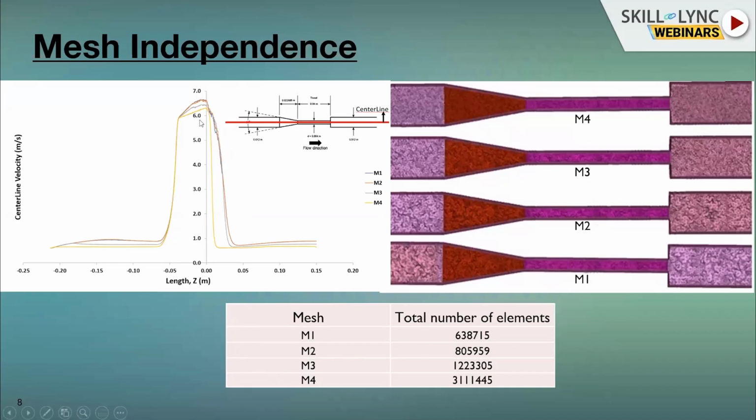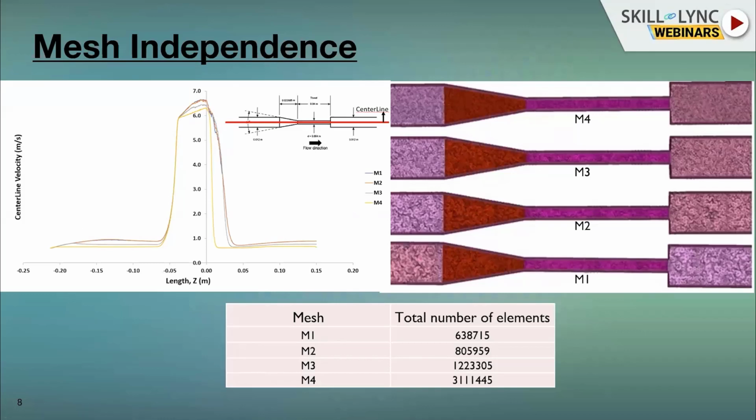Actually, this should not happen. Whatever the mesh, your result should not change with mesh. You have to get a consistent velocity for all kinds of mesh. I just want to show the difference. That is why I have put in different meshes, so that you can observe the differences in the velocity along the center line. But when you start doing it, you have to actually get this profile.